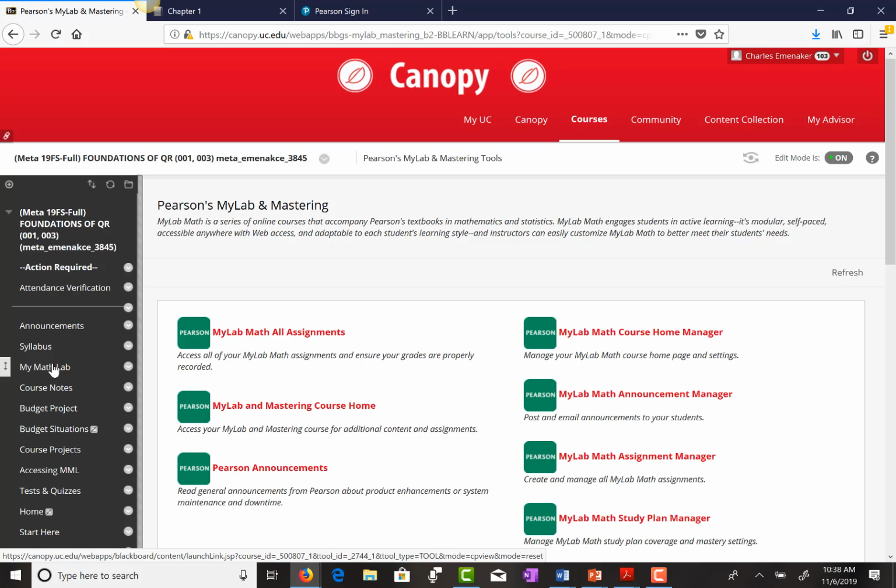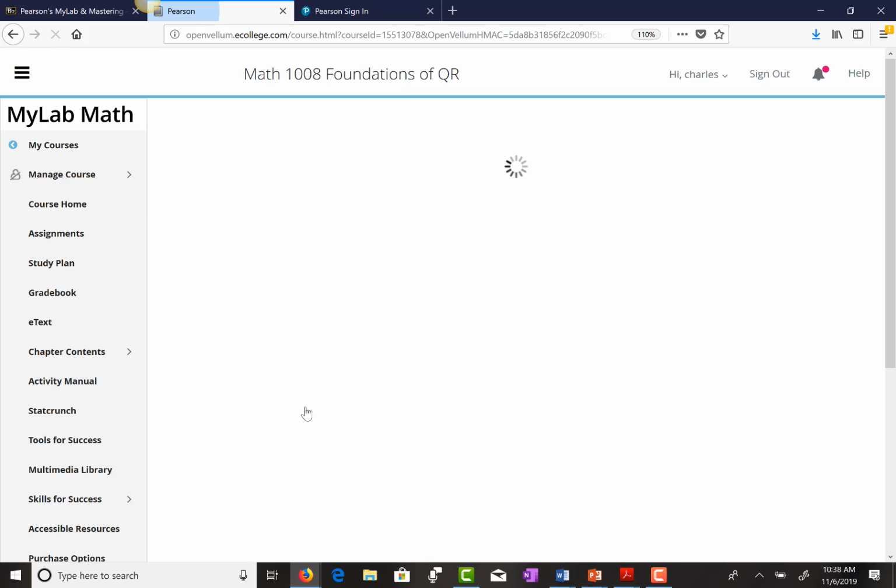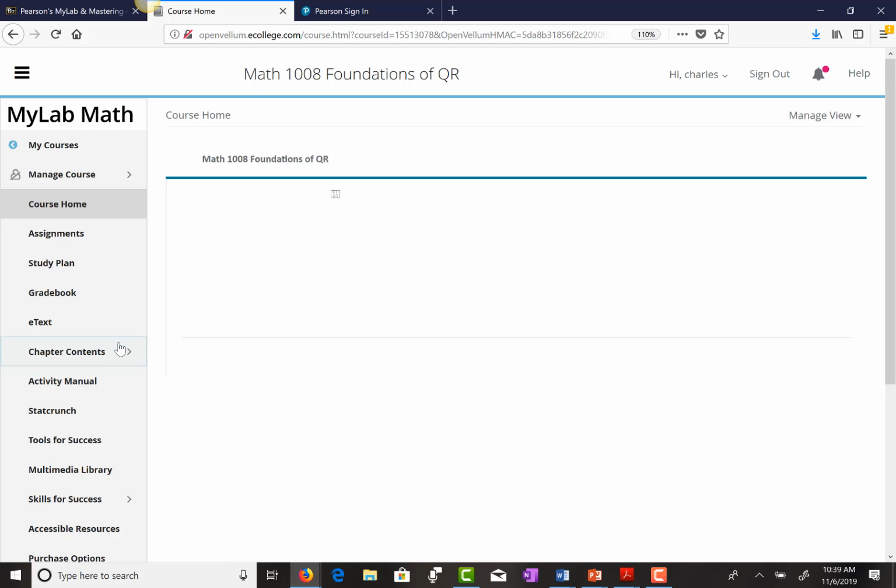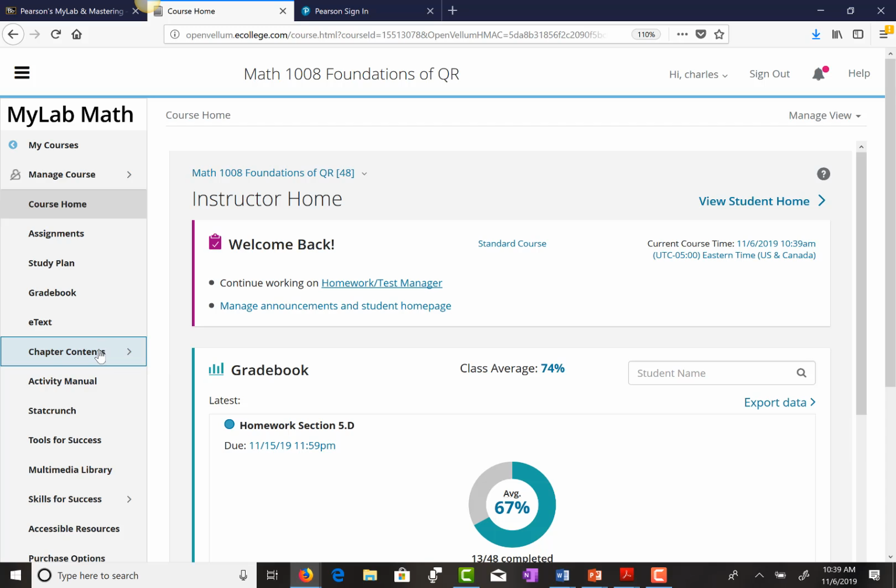Then, aha, have you been to this page before? Does that look familiar? First column, going to click the second option. And let's go to chapter contents.